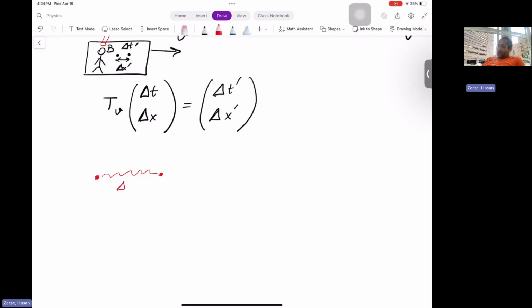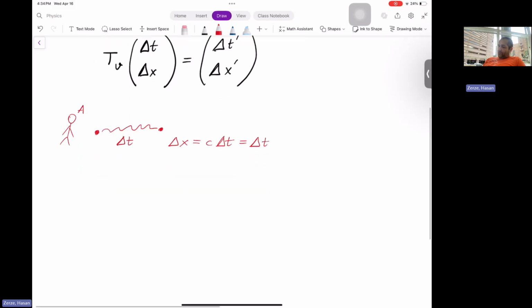And within a time of delta t, the delta x traveled by that light will be c times delta t. Since we take c to be equal to 1, delta x will be equal to delta t. Okay, this is based on the observer A. But what about the observer B? What is the observer B seeing here?